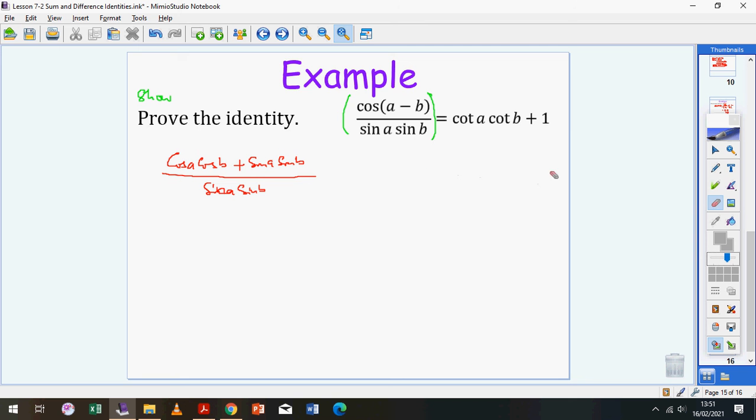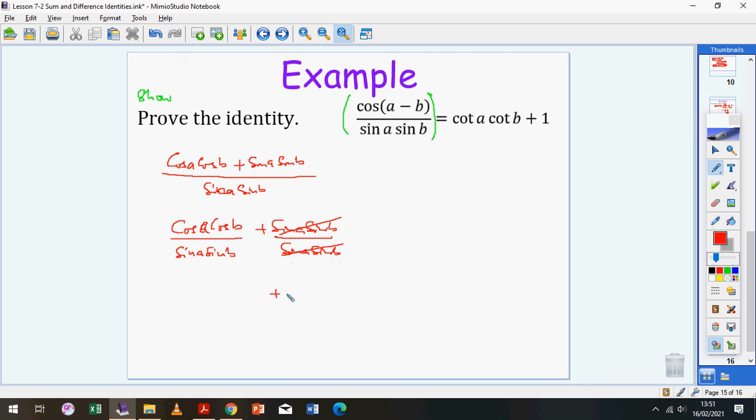So this is going to become cosine of A times cosine of B divided by sine of A times sine of B, plus sine of A times sine of B divided by the same thing, sine of A times sine of B. Now this is the same thing as that, so it gives me 1, because I divide the same thing by itself.